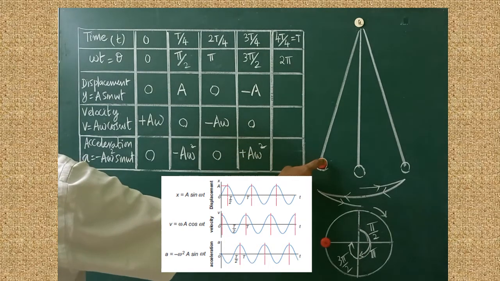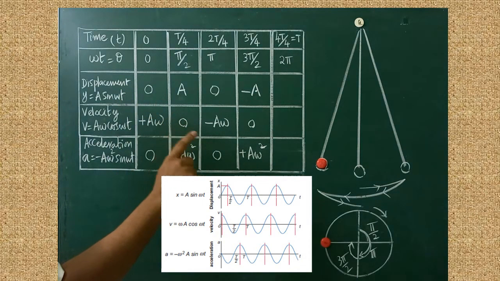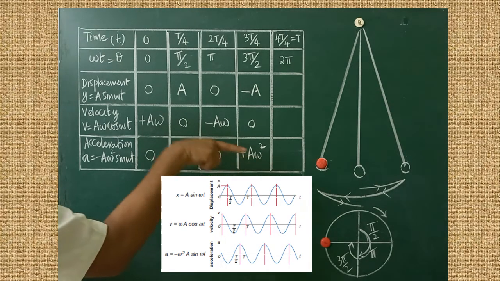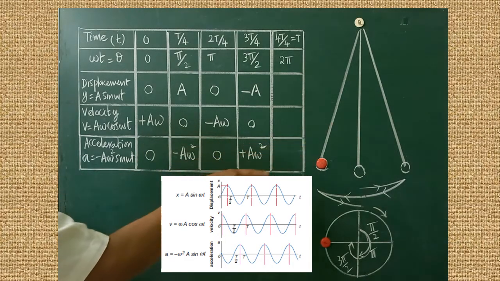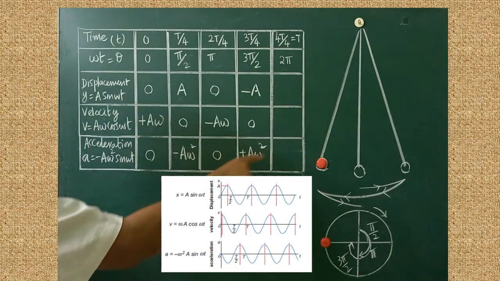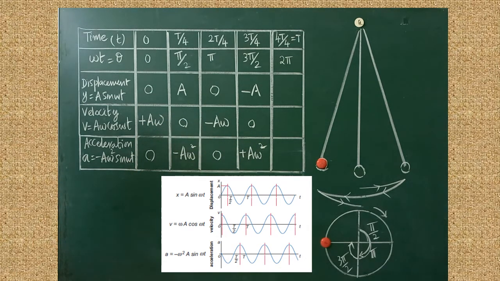When the pendulum comes here, it reaches the maximum displacement on the negative side, and the acceleration also reaches its maximum value, but the acceleration is acting in the positive direction. It tries to pull the particle towards the positive side, therefore positive a omega square is written.